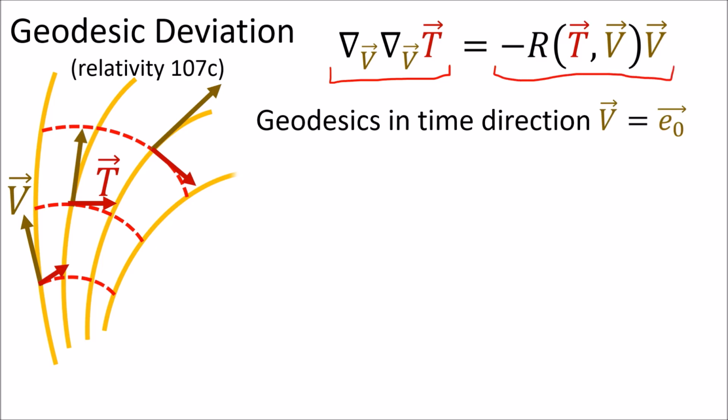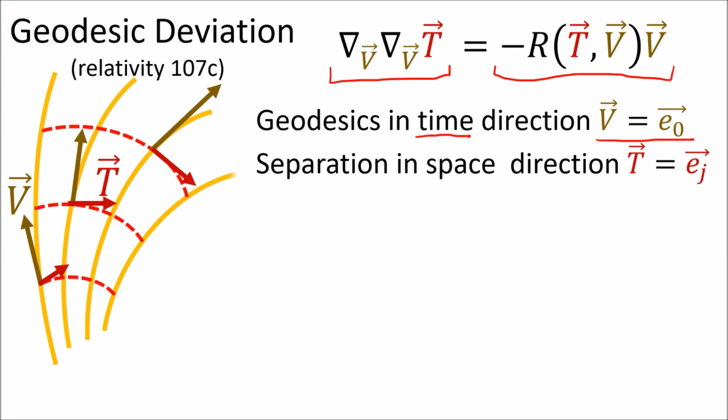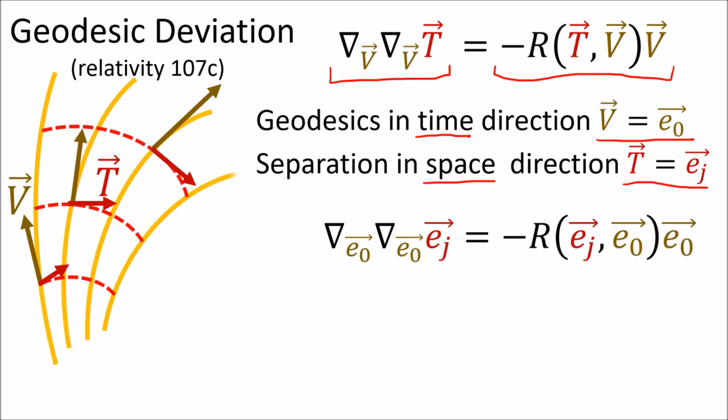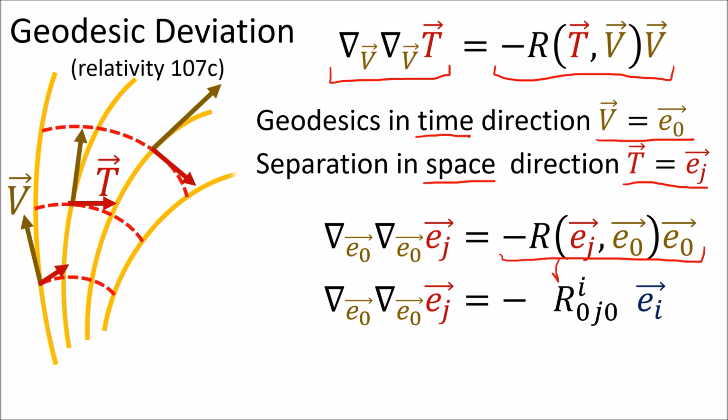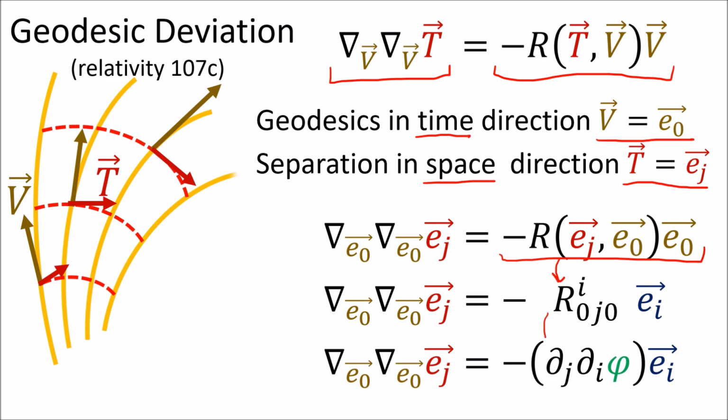If we take the geodesics to point in the time direction with tangent vector e0 and take the separation curves to be in a spatial direction with tangent vector ej, then we get this, where this Riemann tensor term just gives us the Riemann tensor components we just calculated, which is the second derivatives of the potential.